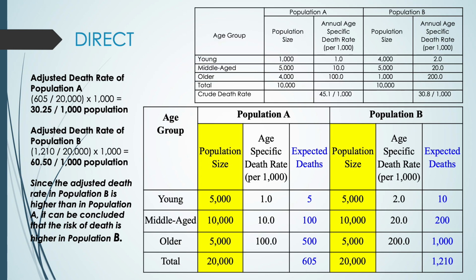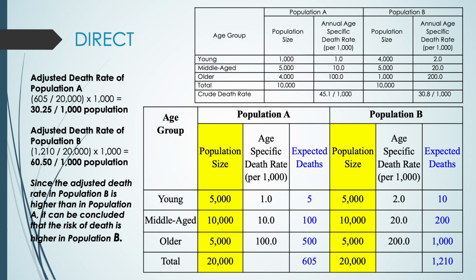deaths. In the young, in the population B, we get the 5,000 in the highlighted part times 2 of the age-specific death rate, which would be equal to 10,000 divided by 1,000, and that would be equal to 10 expected deaths, and so forth.